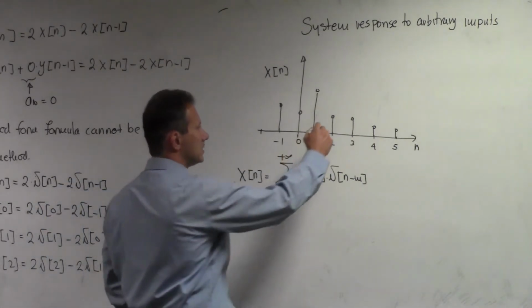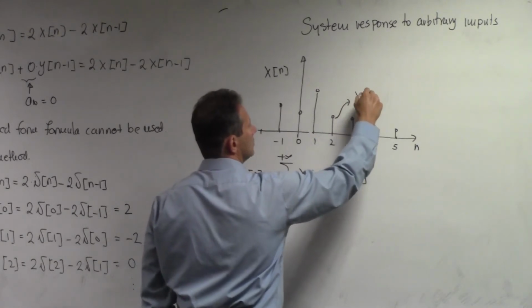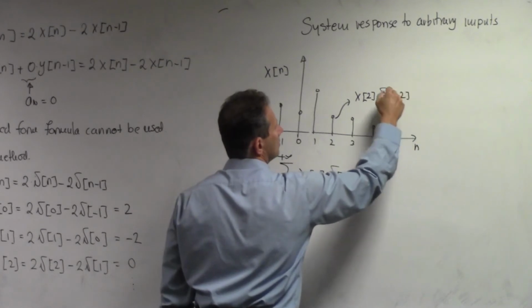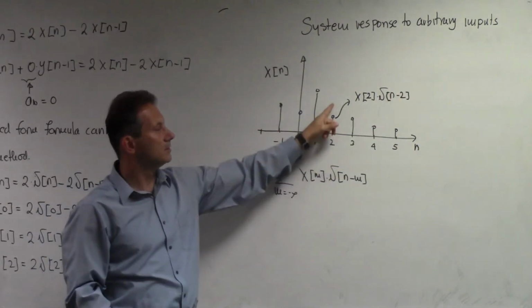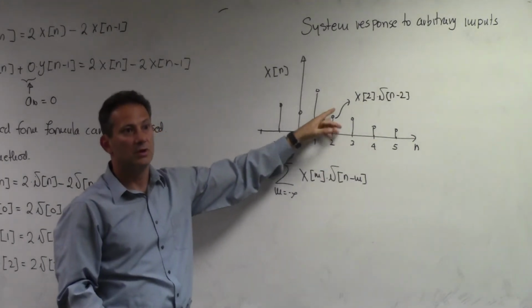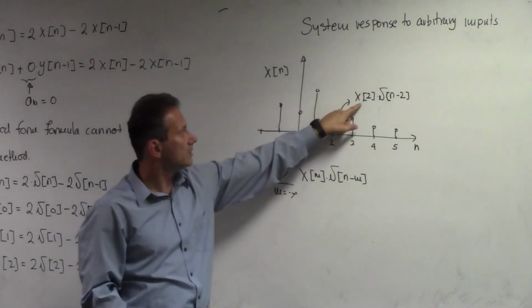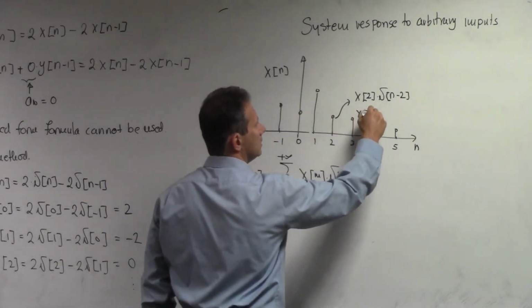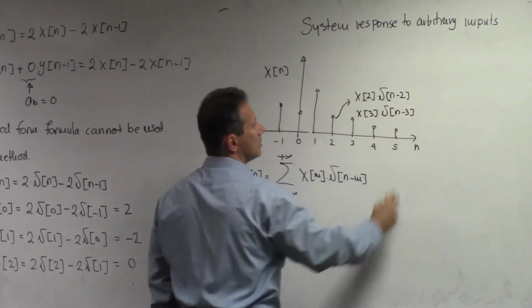The value of this impulse here is x of 2 times delta of n minus 2, right? So if I substitute n equal 2, I'm going to get this value. If n is different than 2, then I get value somewhere else, right? So this particular thing is x of 2 delta. This here is x of 3 delta of n minus 3, and so on, right?